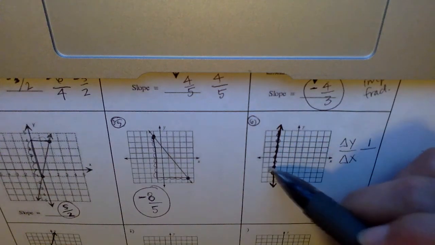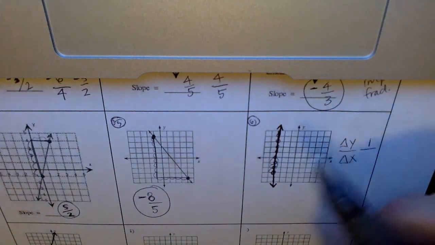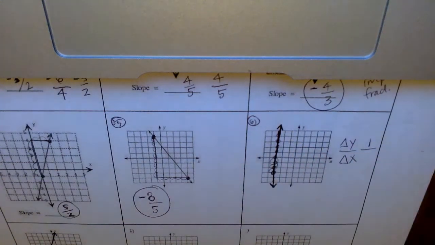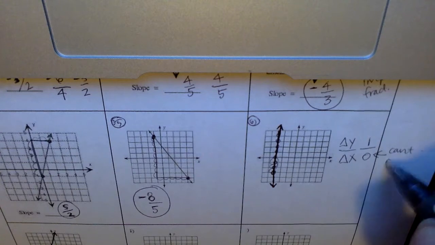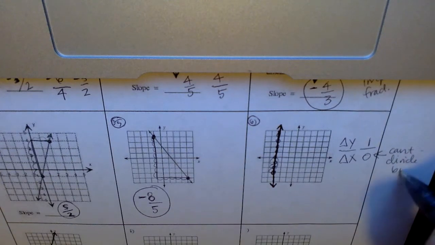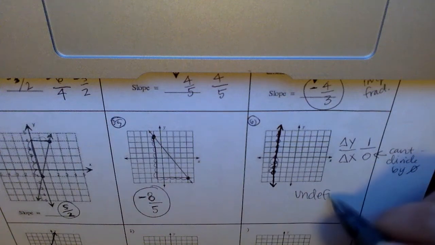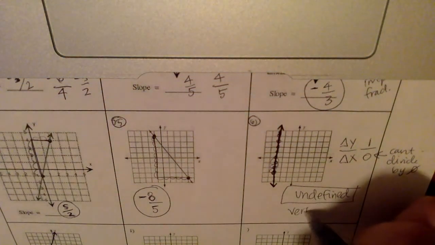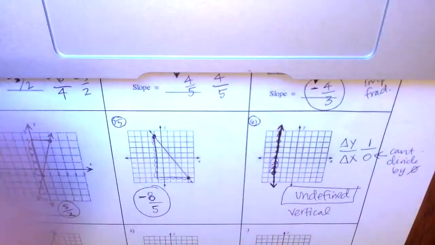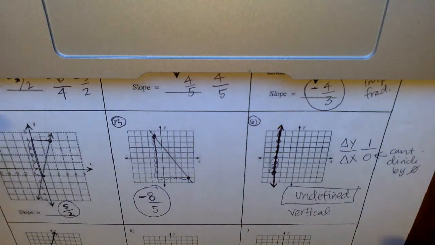So you could count up 1 or you could count down 1, but it's changing by 1 every time. Now the change in x, is it going left or right? It is not. So the change in x is 0. You can't divide by 0. You cannot divide by 0. So this is an undefined slope. Anytime you have a vertical line, it's going to be an undefined slope because it does not have any horizontal change.